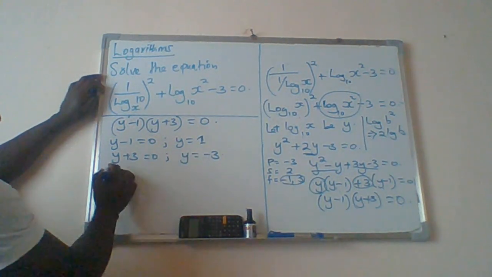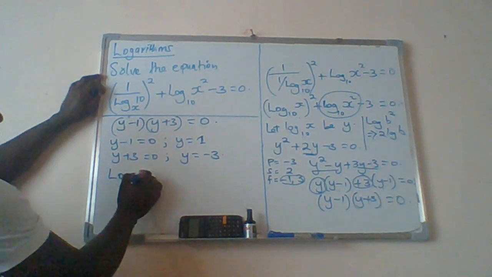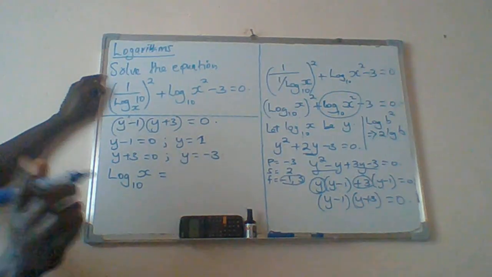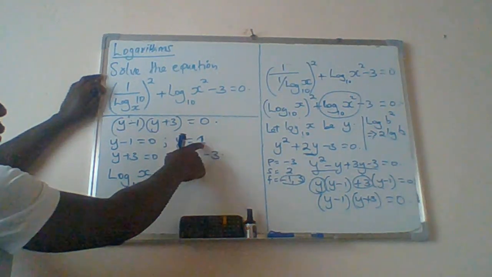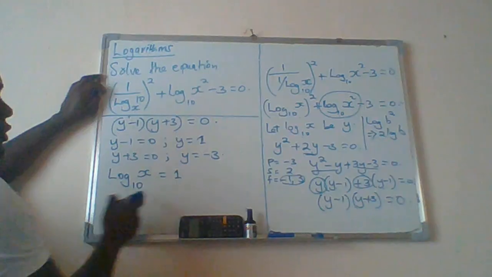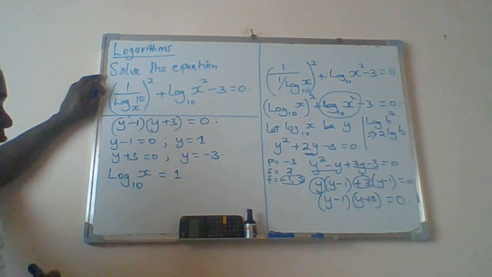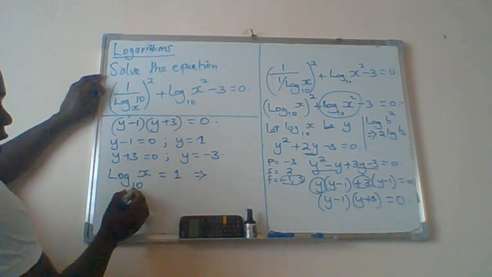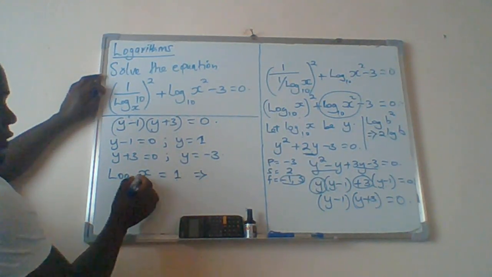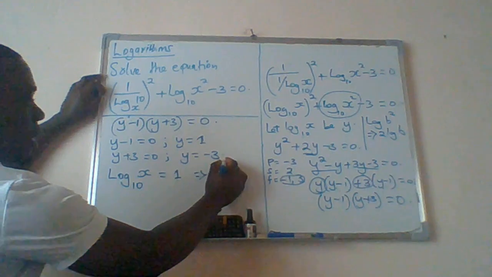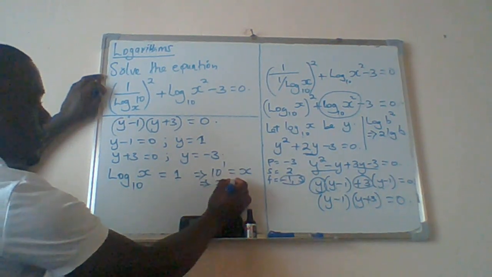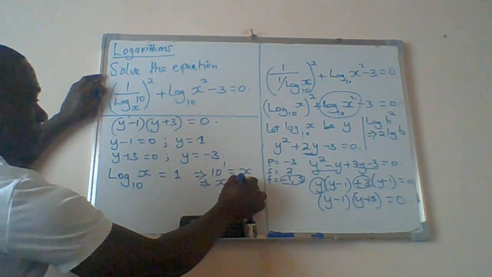So log x to base 10 is equal to y, and the first y is equivalent to 1. So using the laws of indices and logarithms, it will be equivalent to 10 raised to power 1 is equal to x, meaning that our x is equal to 10.